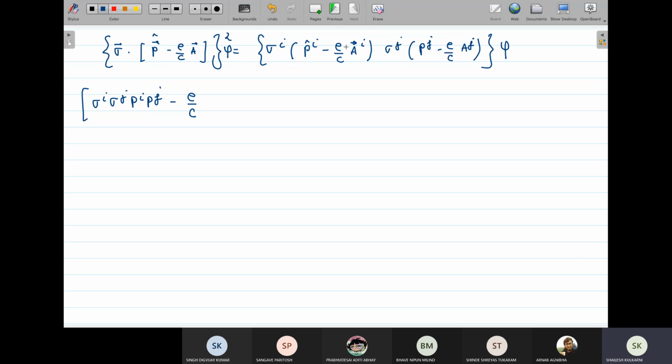This p_i is acting on A_j and phi, so it is sigma i p_i A_j, and this p will act on A_j. Fine, I will keep this bracket uncompleted.